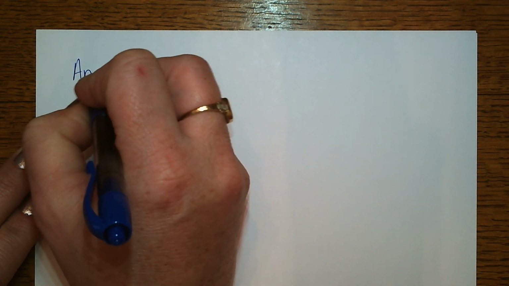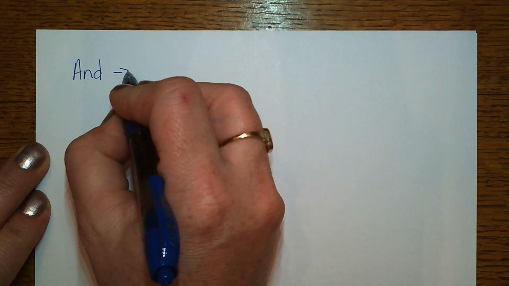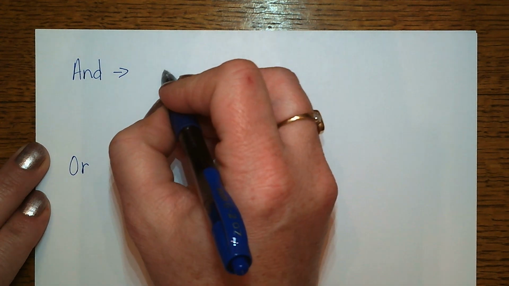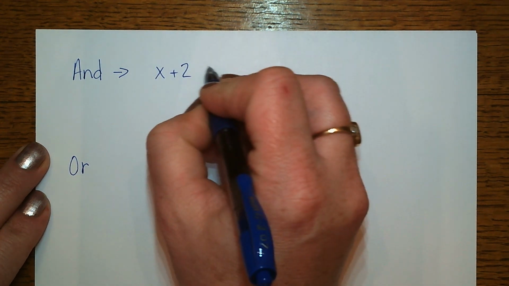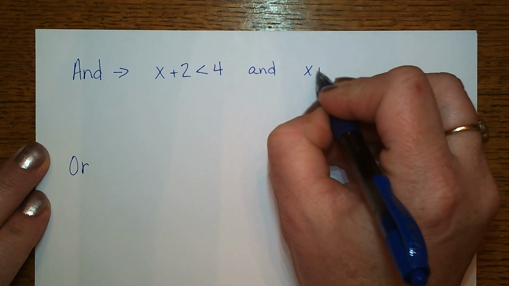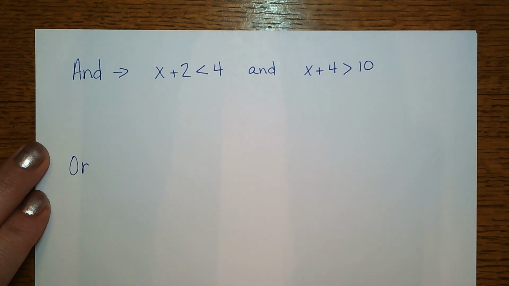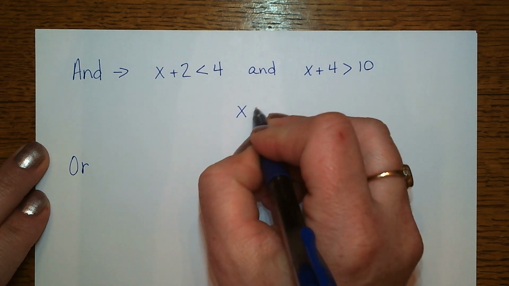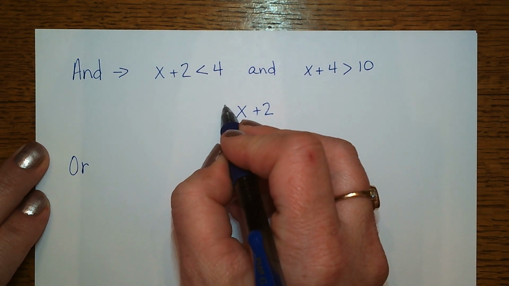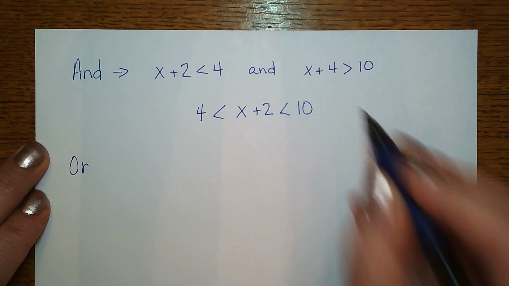Compound inequalities can be written as an and problem, or sometimes we call them or problems. An and problem can be written in two ways. It can be written like this, using the word and in between, or it could be written like this.